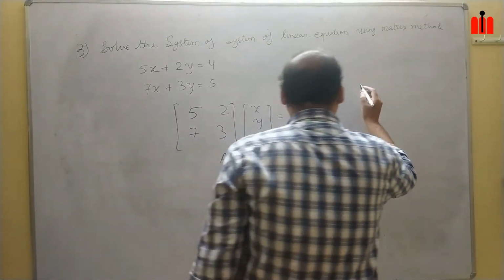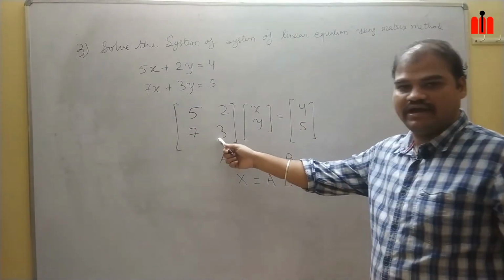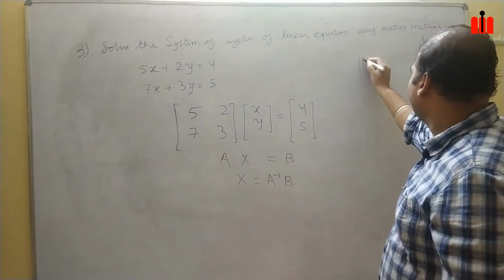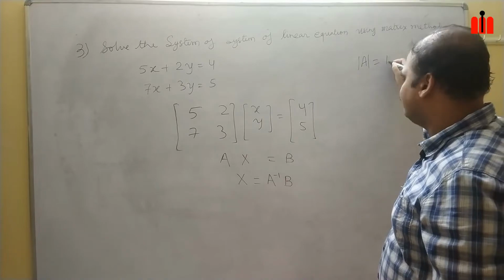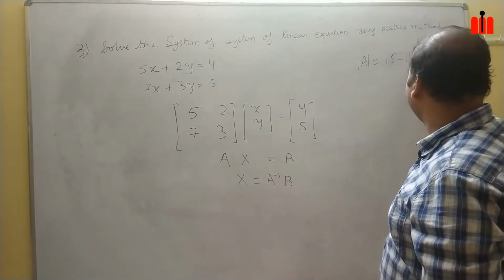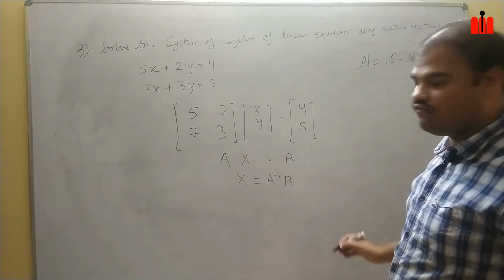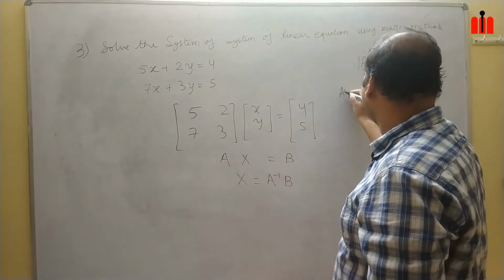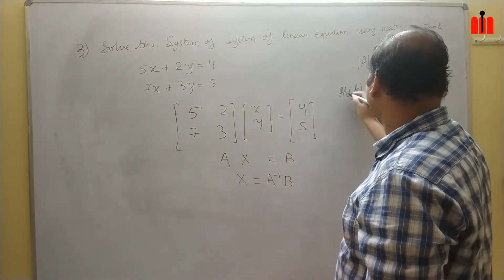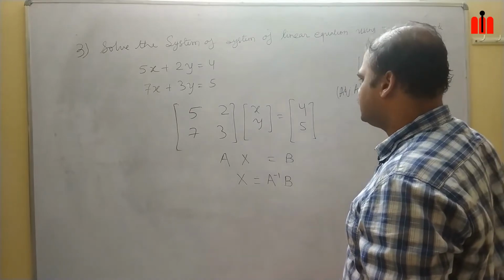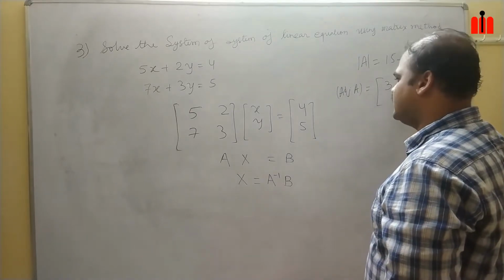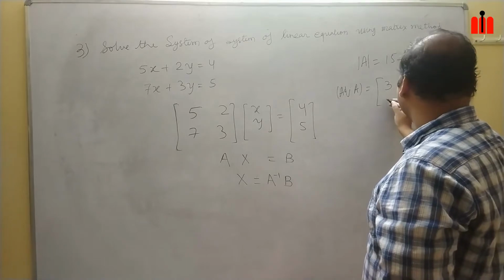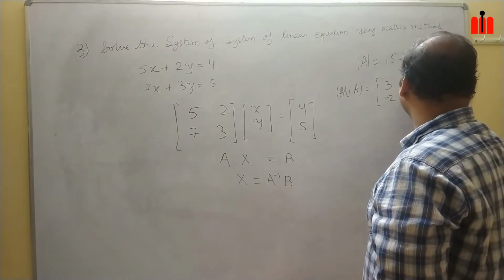This is my A matrix. The determinant of A will be 15 minus 14, equal to 1. The adjoint of A is the cofactors transpose. The cofactor of 5 is 3, of 2 is minus 7, of 7 is minus 2, and of 3 is 5.